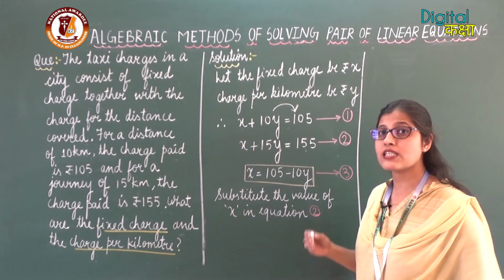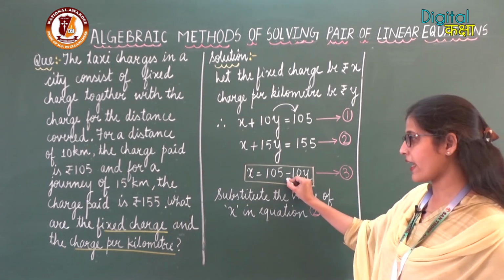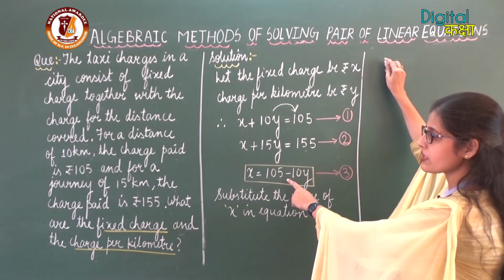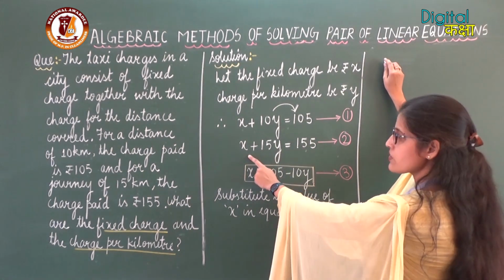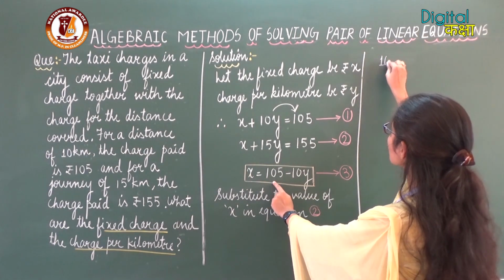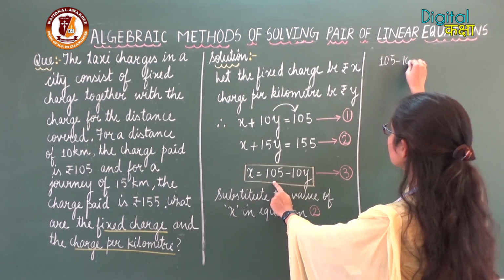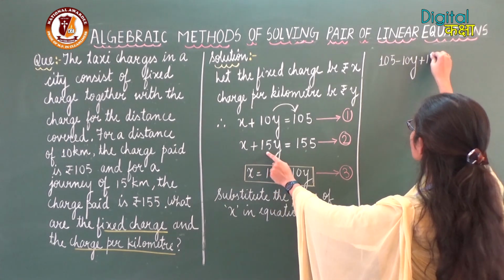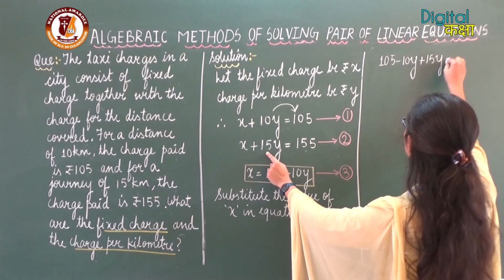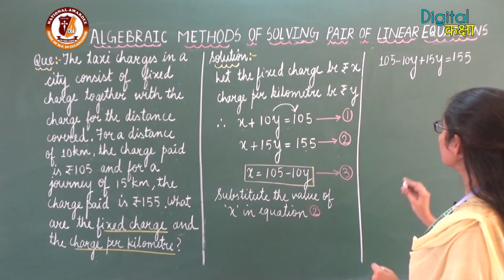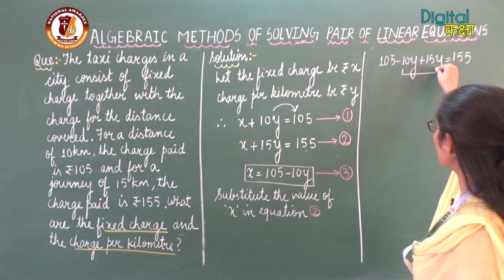After this, we will substitute the value of x in equation 2. When I will be substituting this value of x in equation 2, in place of x, I will be writing 105 minus 10y, plus 15y is already there, equals 155.